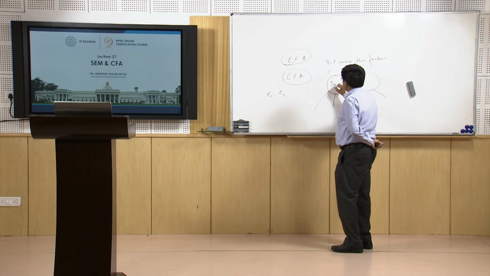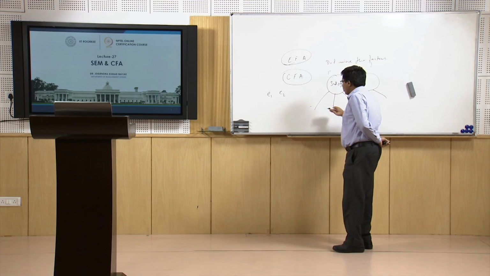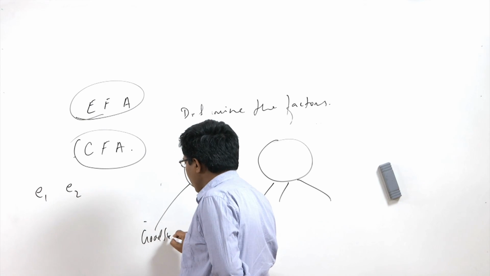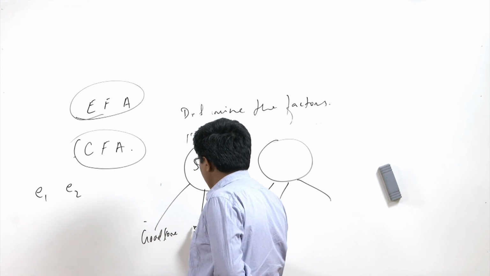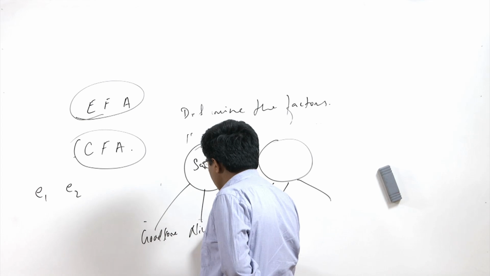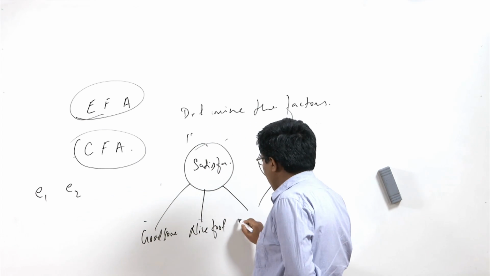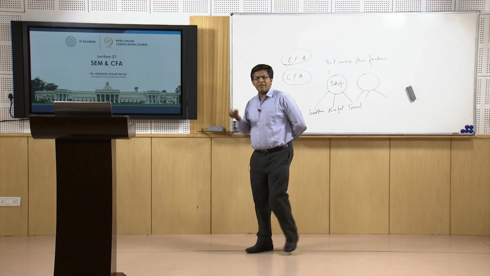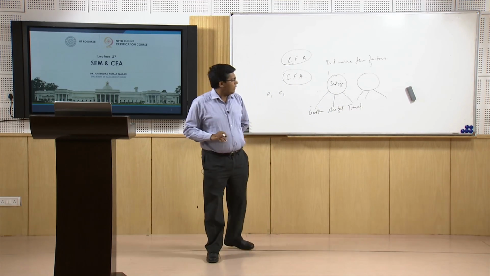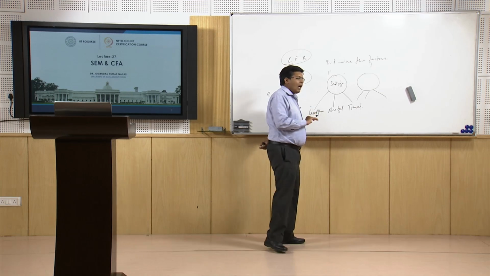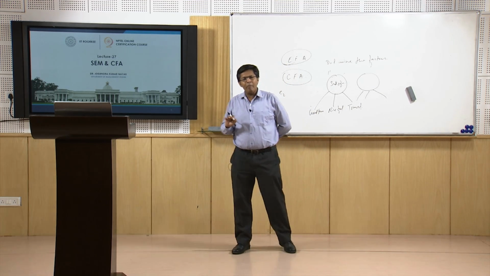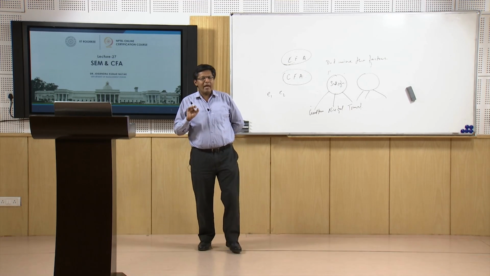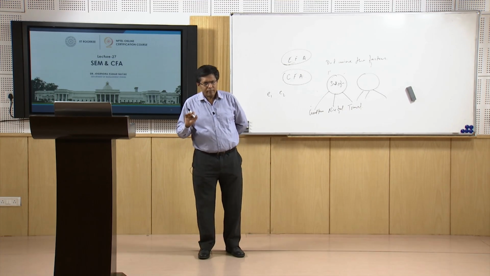For example, this is satisfaction. Satisfaction could be led by, let us say, good score, nice food, tasty food, travel. So because this relationship exists, I am only doing one thing: I am trying to confirm that whatever I have thought as a researcher, my thought is correct.